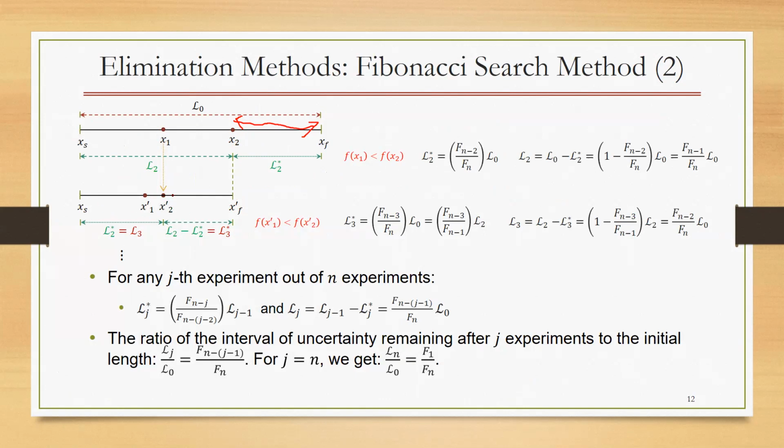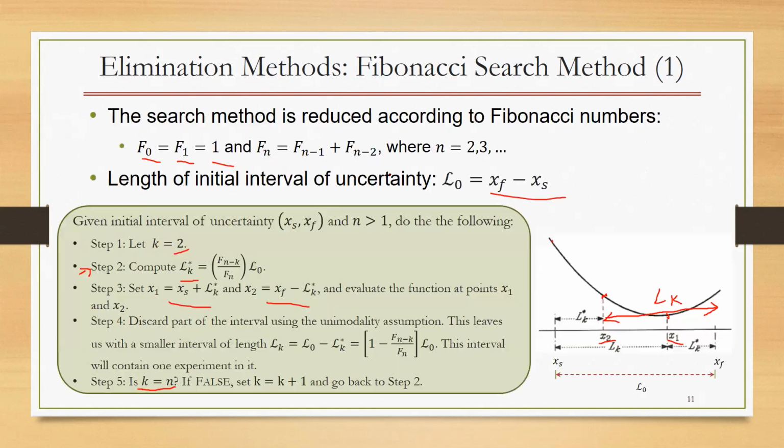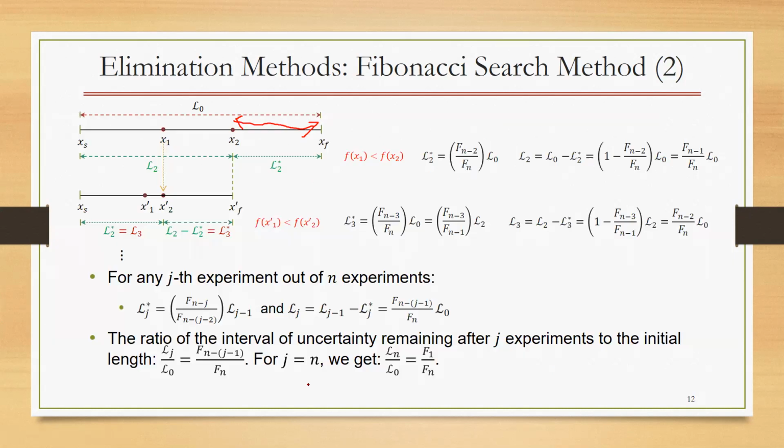Now, why do we increment k by only 1 and not 2 or any other value? That's because after the first iteration, when we have a reduced interval, one of the experiments from the previous iteration will always be within the interval.